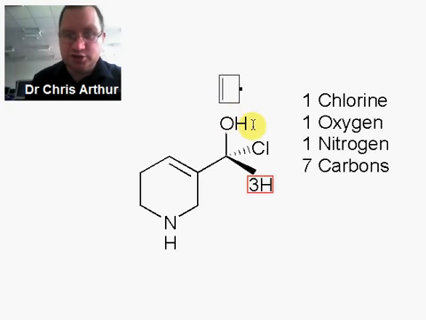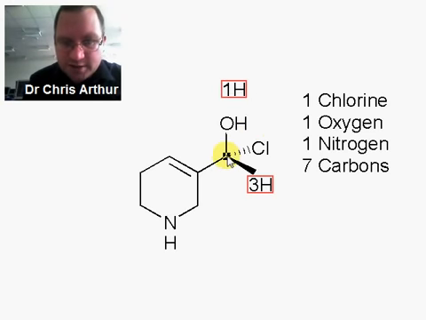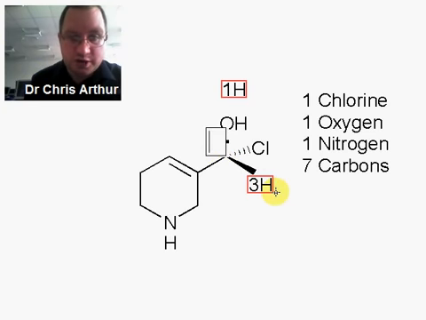Oxygen has a hydrogen attached to it, so that's one hydrogen. This carbon here has 4 bonds to it, therefore it's got no hydrogens on it. This carbon has 1, 2, 3, 4 bonds to it. Remember, this is a double bond, so there's 2 bonds there. So that's 0 hydrogens there.